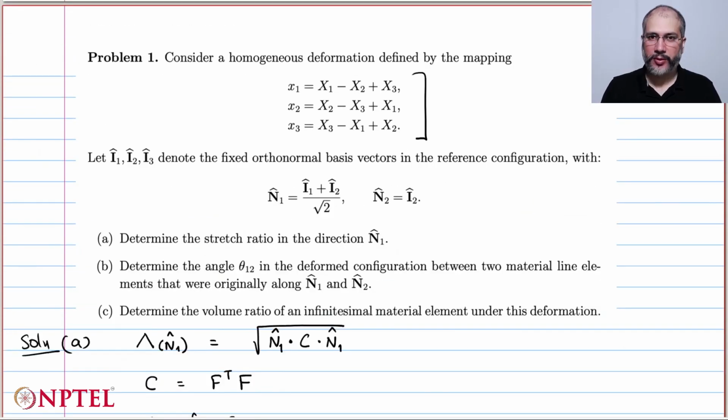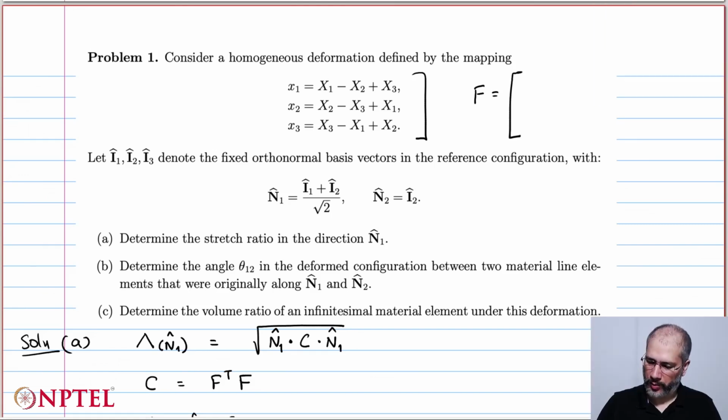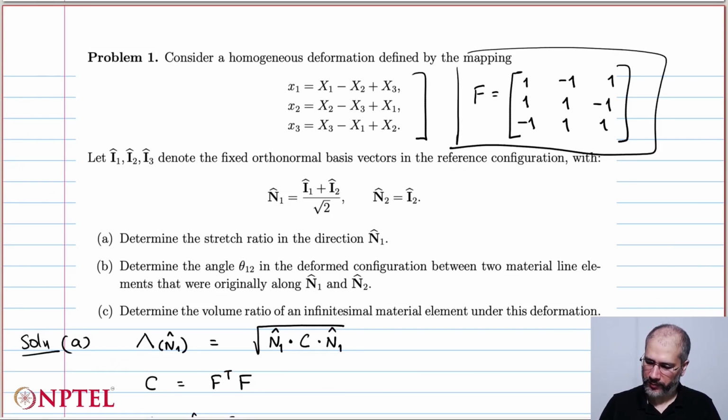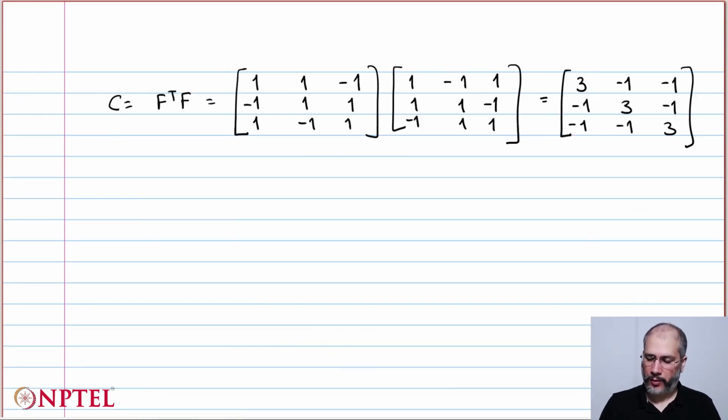So for this deformation that is given to us, we can easily find the deformation gradient tensor. So x1 comma 1 is a 1, x1 comma 2 is a -1, x1 comma 3 is a 1, and so on. So this is our deformation gradient tensor F, and using this we can find C, which comes out to be this tensor.